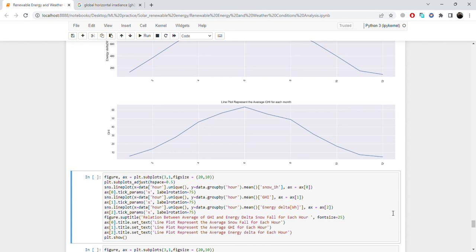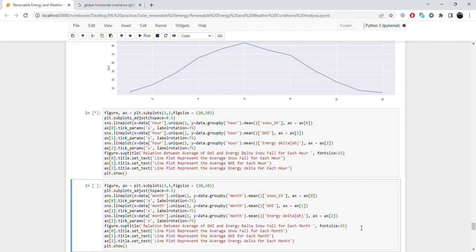So this is the most important factor. We don't want snow at the time where the energy requirement is more and we have sufficient GHI. Let's see what the graph tells us.